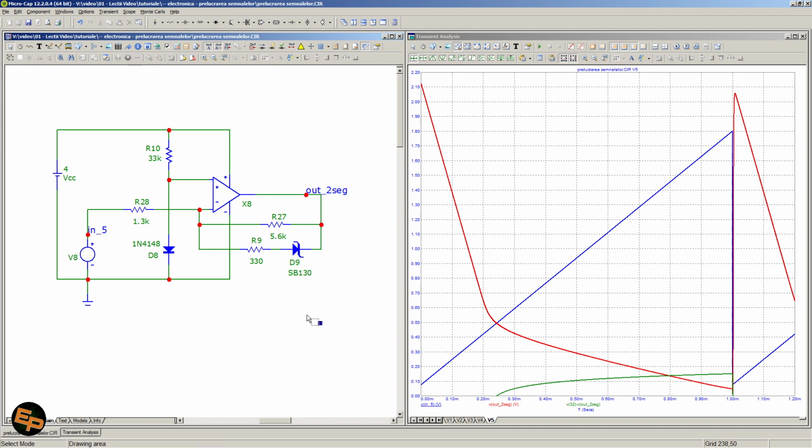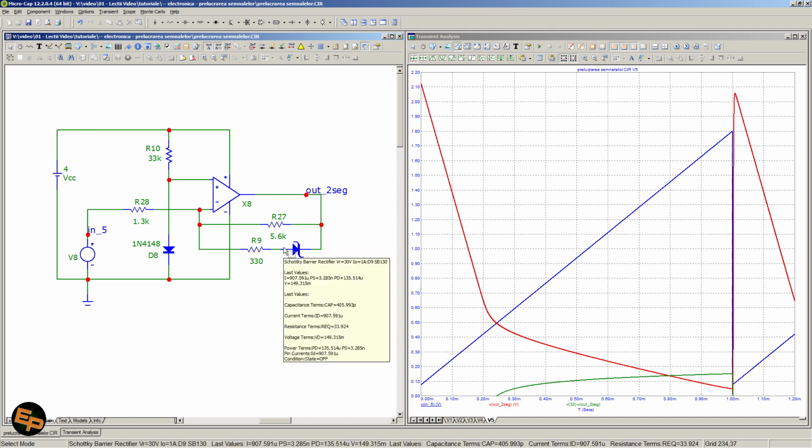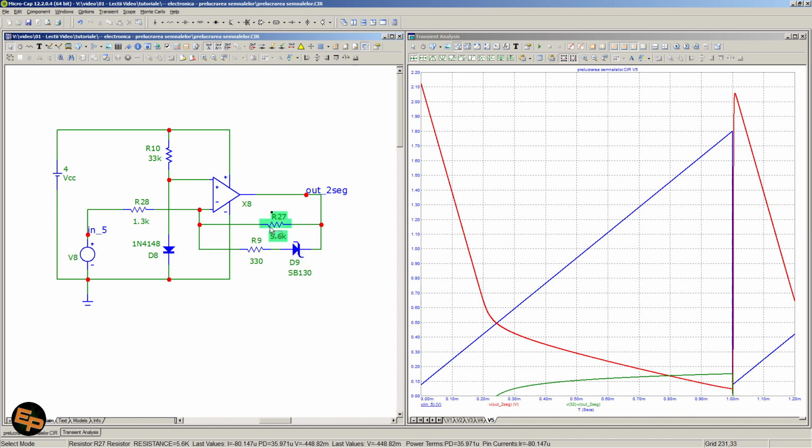In other words, this circuit has a relatively high amplification factor given by R27 alone and R28, for the input signal going from 0 to a certain value, which happens to be around half a volt in this particular example. Until then, the Schottky diode is turned off.